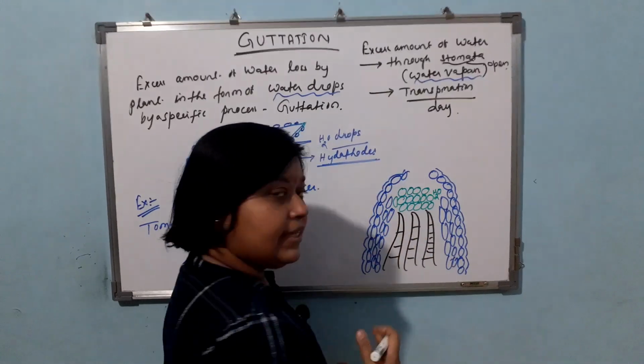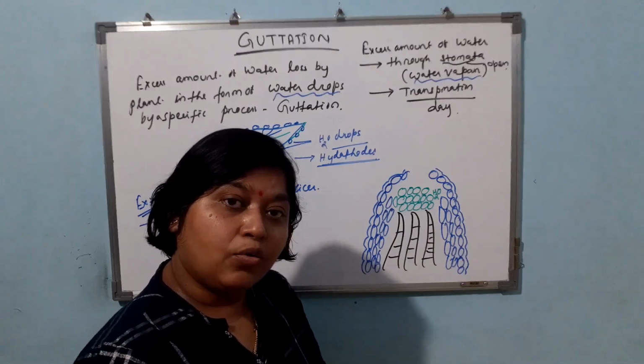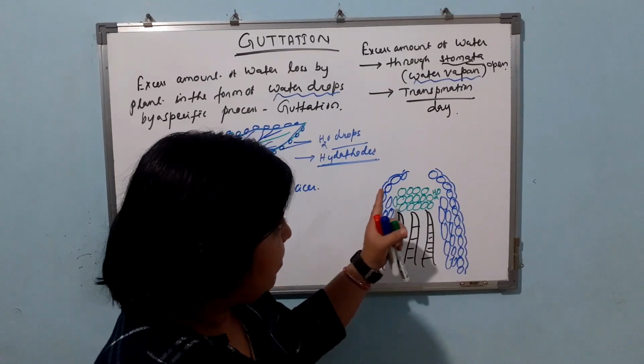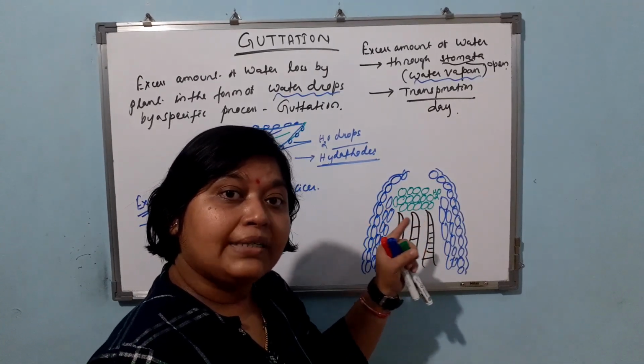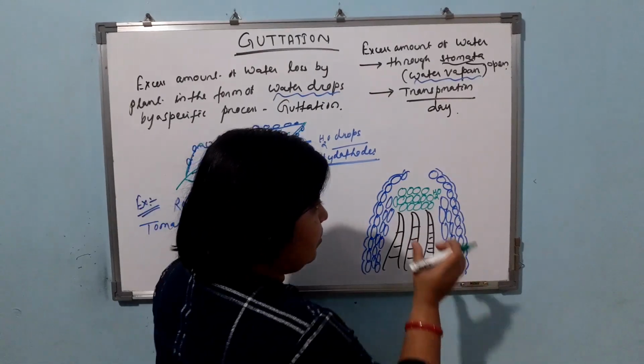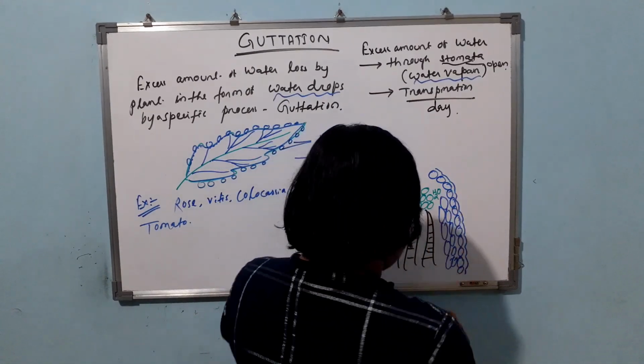This group of cells is a type of external glandular tissue, as they belong to the epidermal part of the plant's leaves. That's why this group of cells is named epithem.